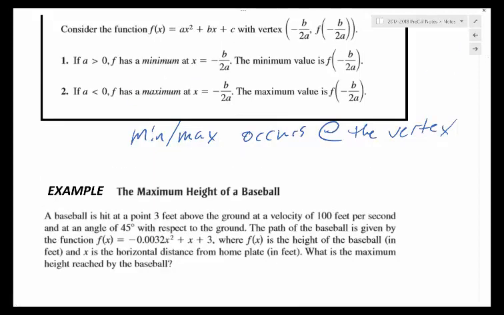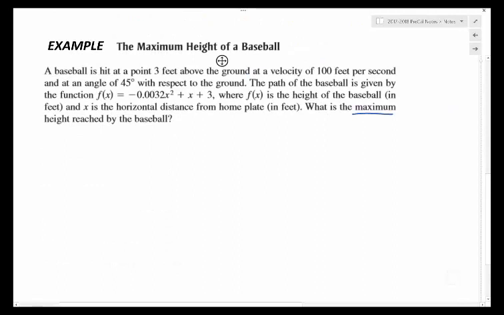Maximum height is going to end up being the y value of the vertex. So what I have to do is find the vertex, and once I find the vertex, I plug that back in, and I'm good to go.